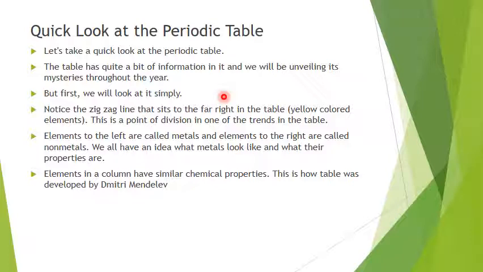Each square represents an element, and you'll notice that each one has a name, a letter or two letters, and then a number on the bottom and a number on the top. We'll go over each one of those.